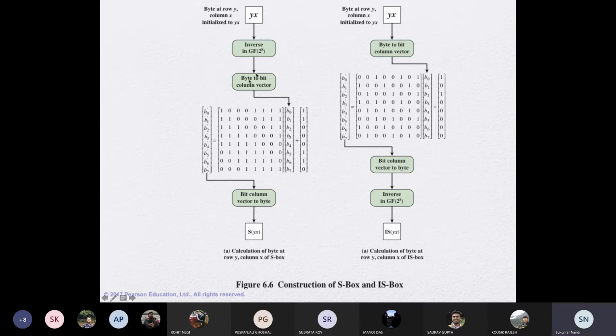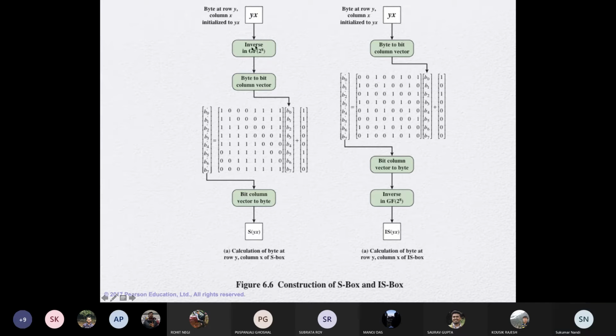Then whatever inverse we got, we transform or map using the formula. One line is good enough, and from that we can create the matrix. These bits are taken from the inverse, and we added one extra constant here, plus the operation is XOR. After this, we will get some number.